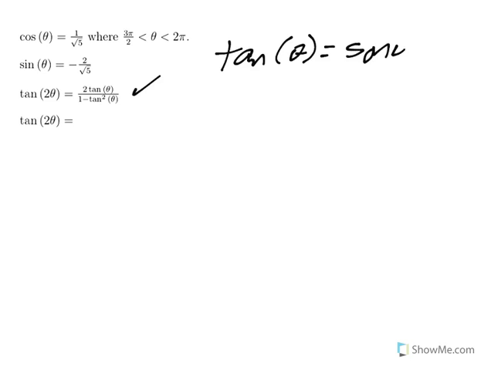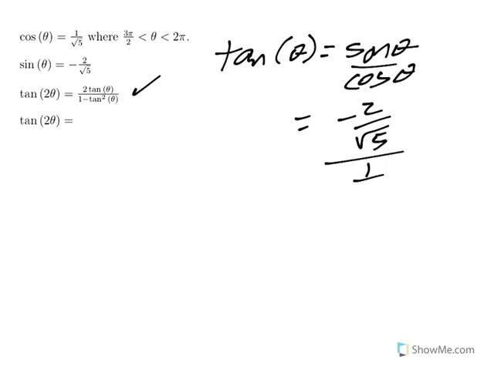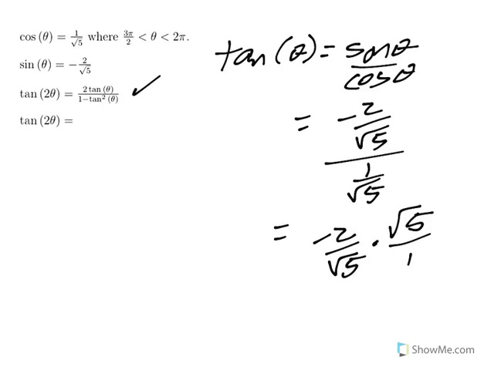That's sine theta over cosine of theta, which is the sine of theta times the reciprocal of the cosine. And the reciprocal of cosine is secant, which is what we were originally given. I can simplify by dividing out that common factor, root 5. And so the tangent of theta is simply negative 2.